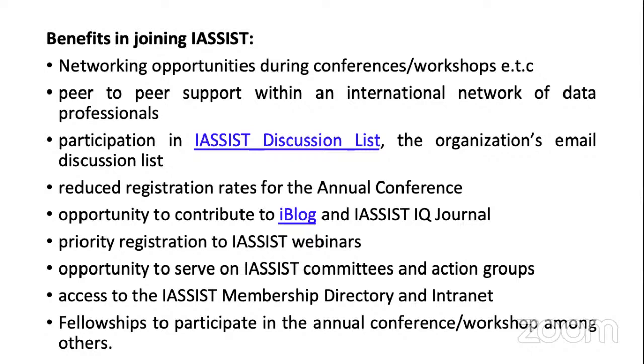These fellowships usually give an air ticket and registration, so you only have to cater for your accommodation. Then we also have fellowships for this workshop. Last year we had some fellows in Uganda who came to participate. Basically, you have to write a paper to get a fellowship.